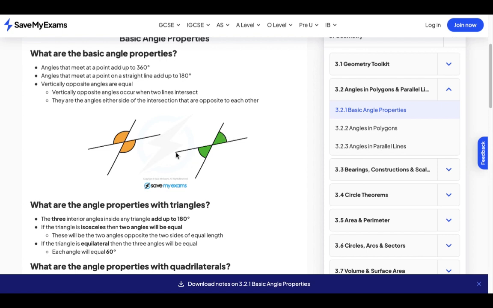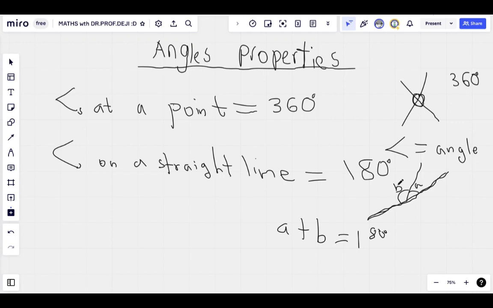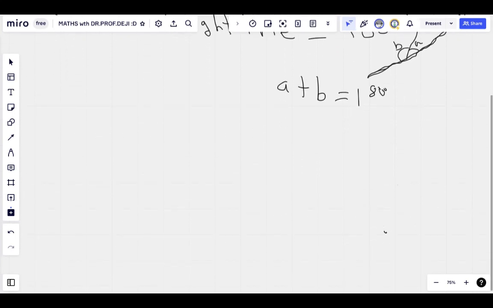We say also if we have parallel lines, for example, parallel lines are two straight lines that will never meet.